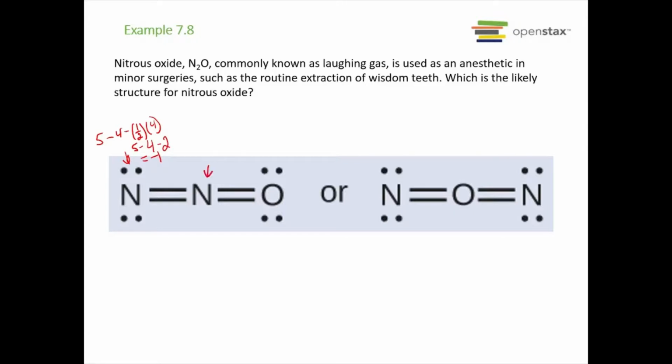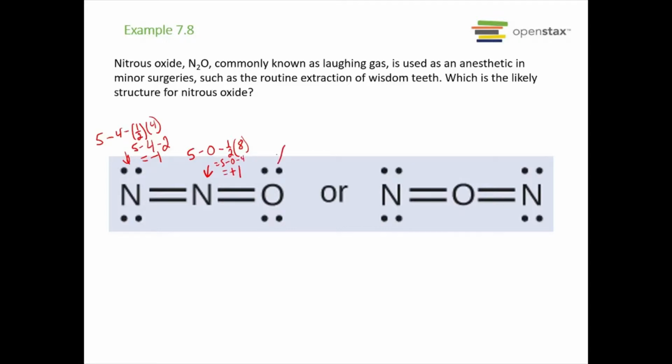Our center nitrogen has a formal charge of 5 minus 0, since it doesn't have any lone pair electrons on it, minus 1/2 times 8. So that is equal to 5 minus 0 minus 4, which is positive 1.